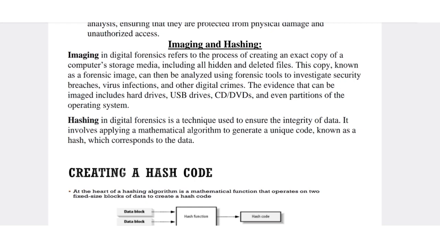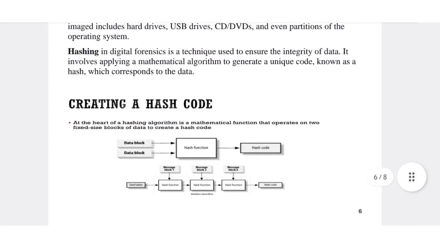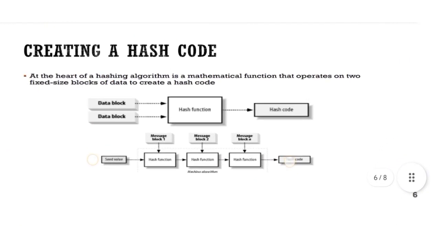Now let's see hashing. Hashing is the process of creating a unique code. A mathematical algorithm is used to create a unique code for a file. At the heart of a hashing algorithm are mathematical functions that operate on fixed-size blocks of data to create a hash code.